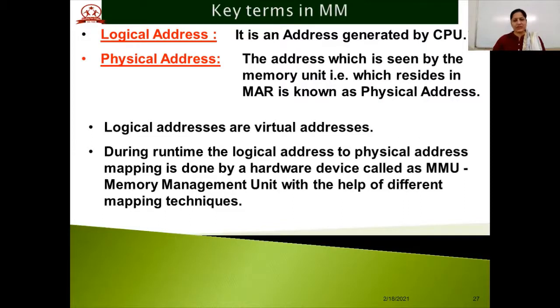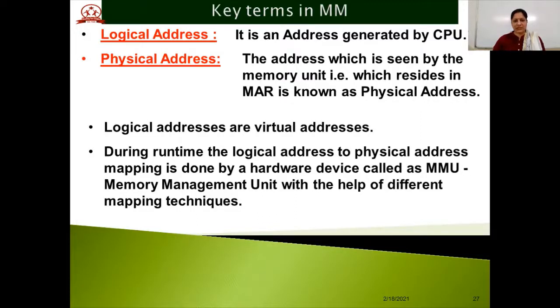Now, why are these two addresses made? As we know, the logical addresses are created only for the duration of the time the process wants to execute. So those are temporary in nature. Whereas physical addresses are the permanent addresses, which are always pointing to the memory locations which are formed in your physical memory. So whenever a process executes, the CPU will generate a number of logical addresses in line with the size of that particular process.